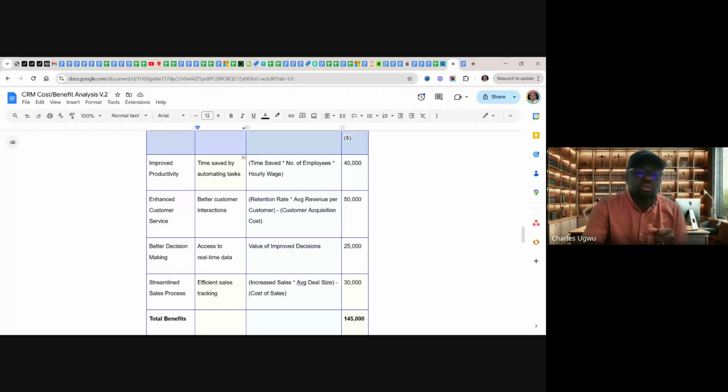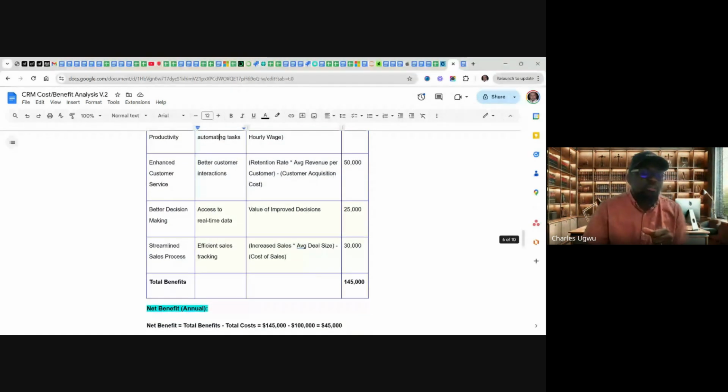The value here is 50,000. Then we see the next, better decision making. Now we've implemented CRM system and it helps us to make a better decision. This is a big value. This is a big benefit.